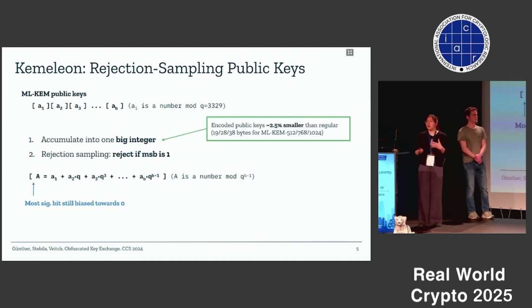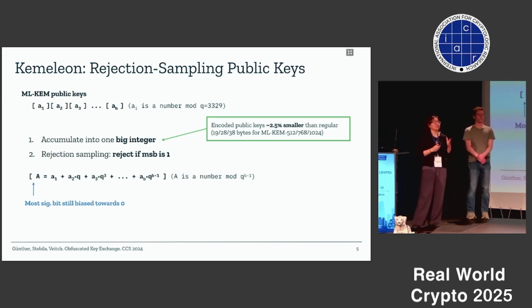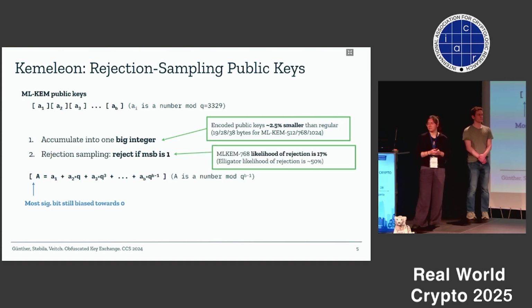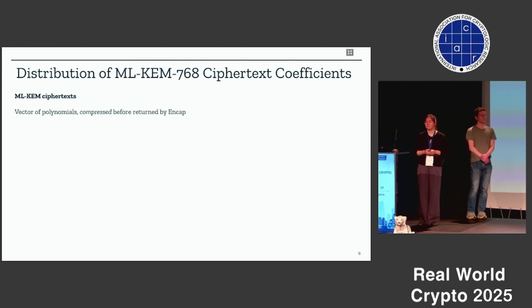Our encoded public keys end up being about 2.5% smaller than regular ML-KEM public keys because of this accumulation. And the rejection rate here for ML-KEM 768 is about 17%, which is reasonable if you consider that for Elligator, the rejection rate was approximately 50%.